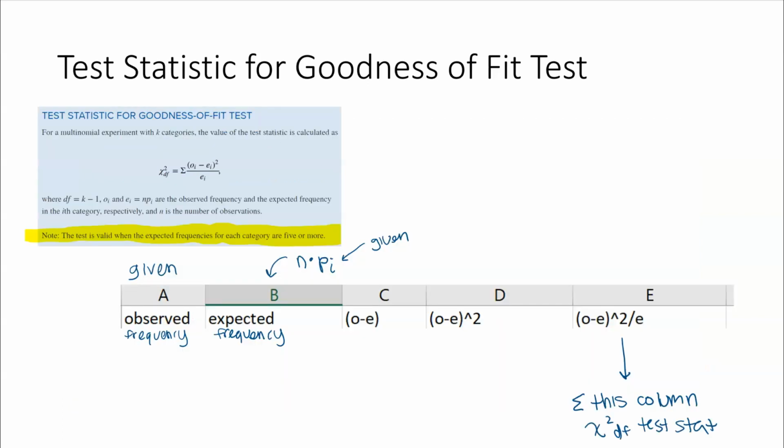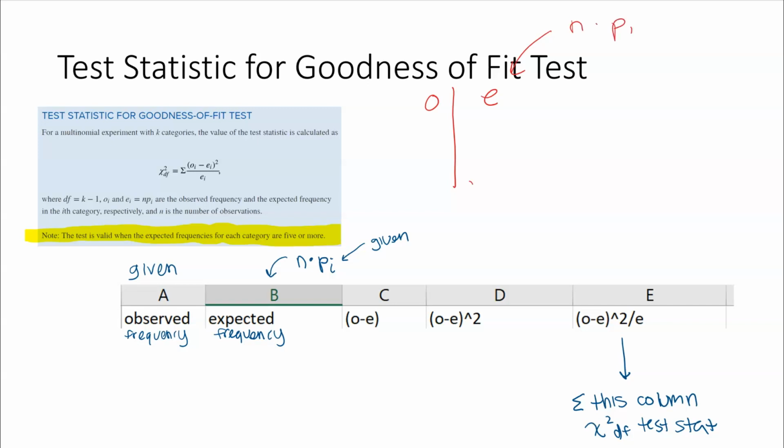This is the Excel table that we're going to do each time. I've written it out here and we're going to do some examples. In column A, we're going to put the observed value. This is what's given. Then the expected value, we're going to get by calculating n times the probability that they give us.